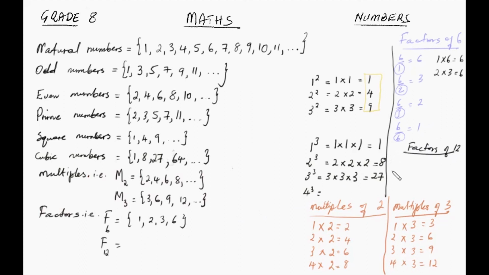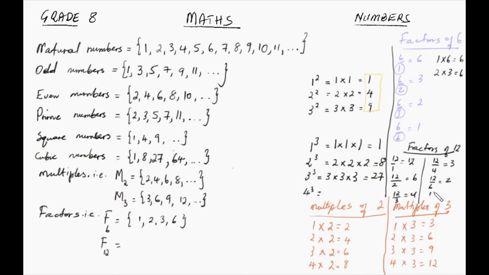What do we do? We would say, okay, 12 divided by 1, that is 12, no remainder. 12 divided by 2, that is what? 6, no remainder. 12 divided by 3, that is 4, no remainder. 12 divided by 4 is 3, no remainder. 12 divided by 5, no. 12 divided by 6, yes, 2, no remainder.